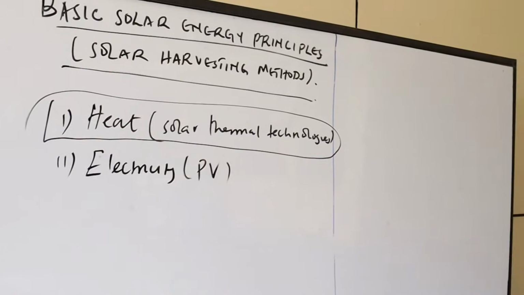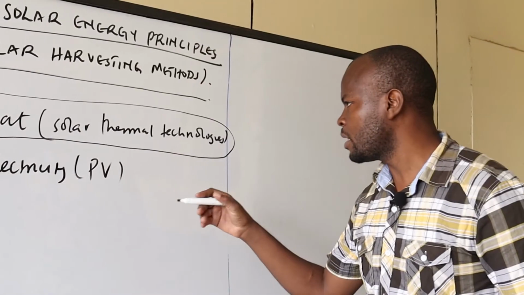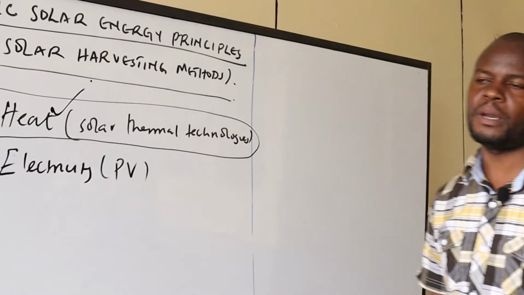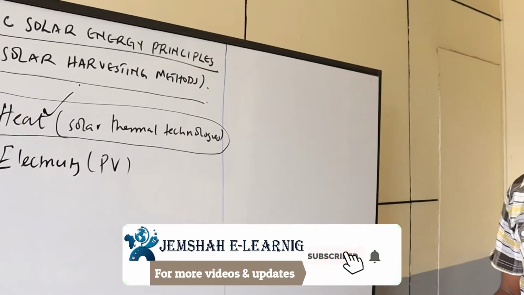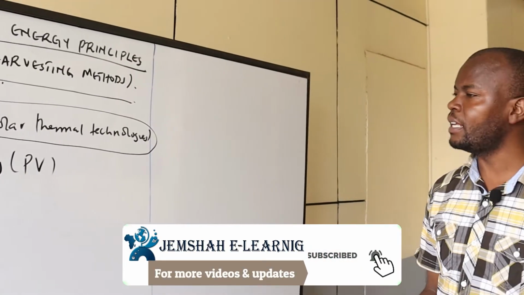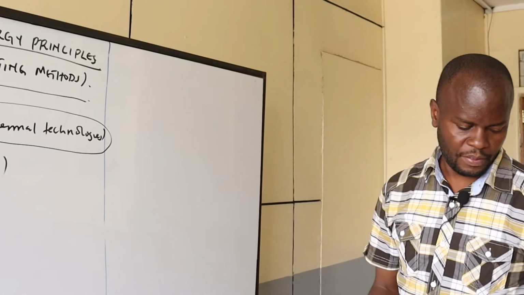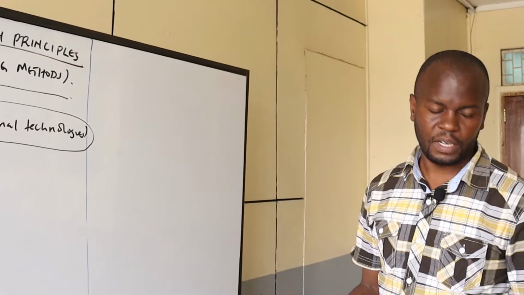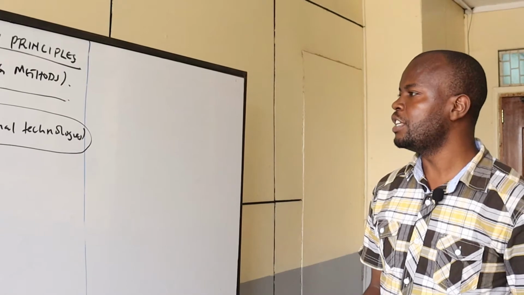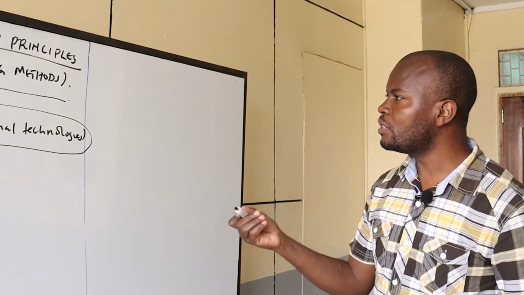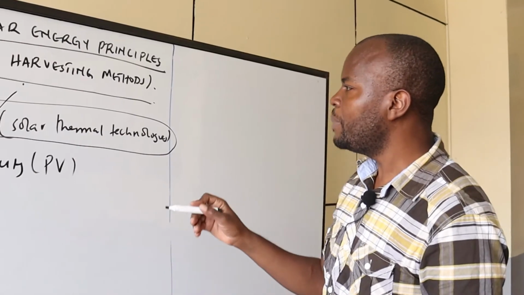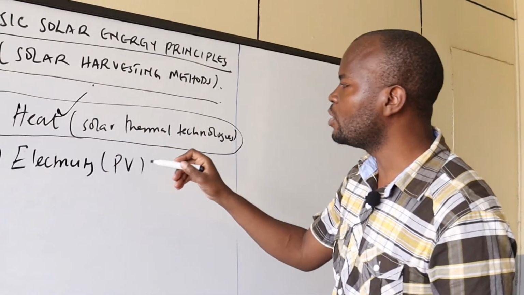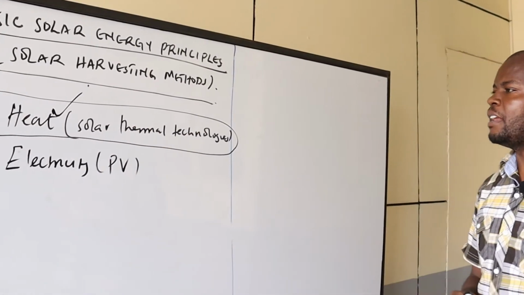One of them is the infrared, which is responsible for the heat that we are talking about. The other one is the visible radiation, that is the light that we can see, and then the ultraviolet, which is very high energy radiation. So when we talk about solar harvesting in terms of heat, we are basically talking about infrared radiation.